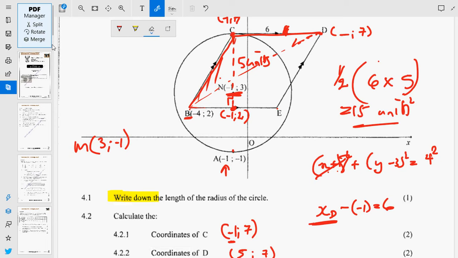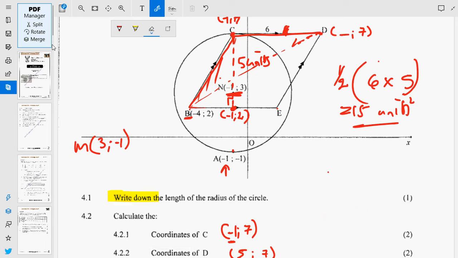Okay, so the new circle will have the center here. Now, I already know that this point here is −1. So the new circle will have the x coordinate of, sorry, I'm sorry there.